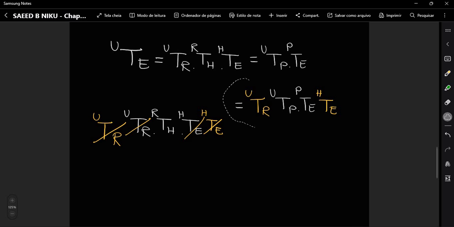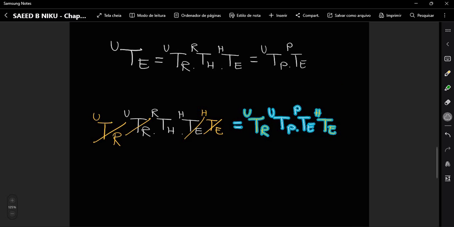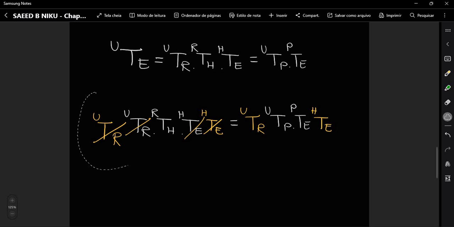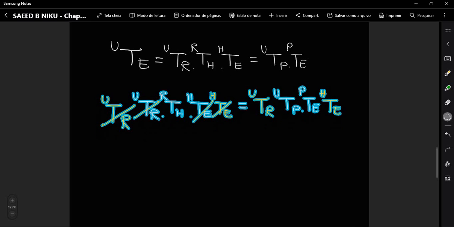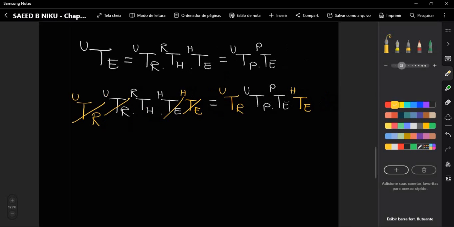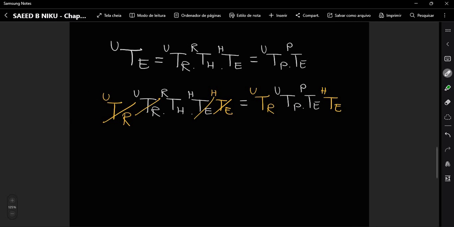And with these operations, we simplify this equation. And have in mind that transformations represent how the robot is moving around. Keep this in mind. It describes position, initial position, final position, angles.